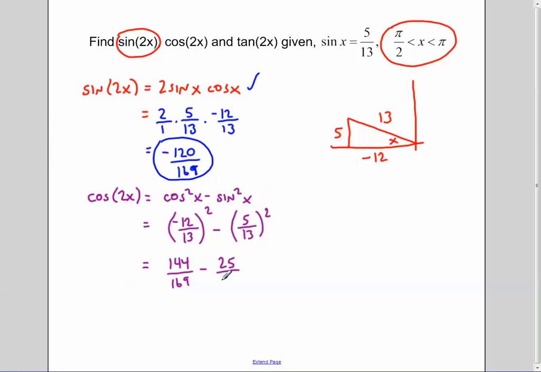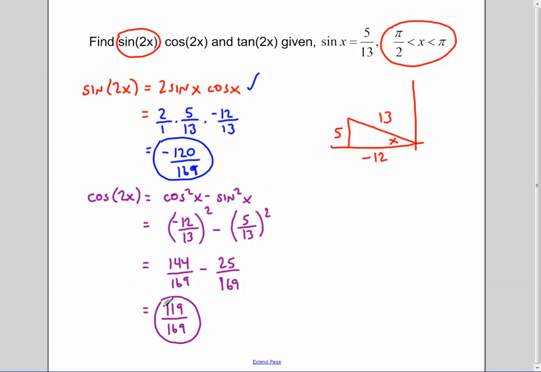As I was just alluding to, my denominators match up, and that'll make the subtraction pretty easy to manage. So 144 minus 25 is 119 over 169. There we go. That's my double angle of cosine.